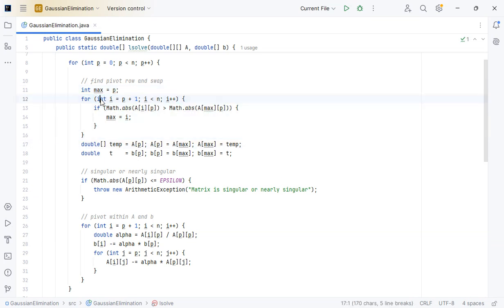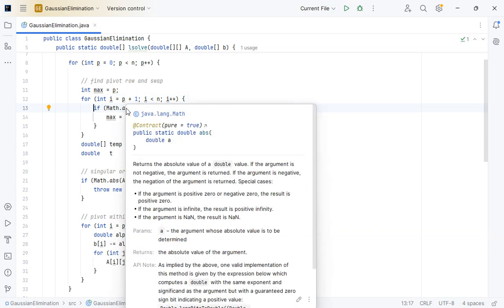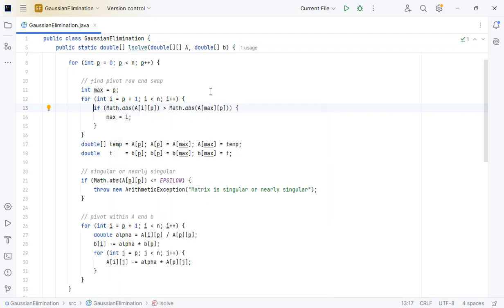So it means that you go forward, and if math ABS is, so you are comparing by the ABS value. What is ABS? It doesn't depend on sign. So ABS is the value without sign. And if this value is larger than the previous one, then what do we do?